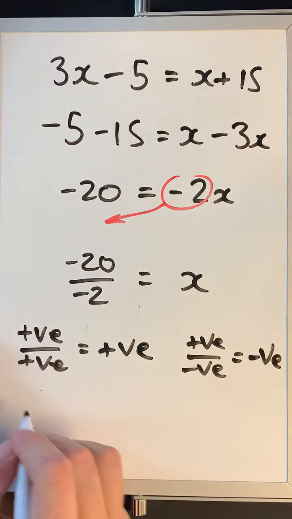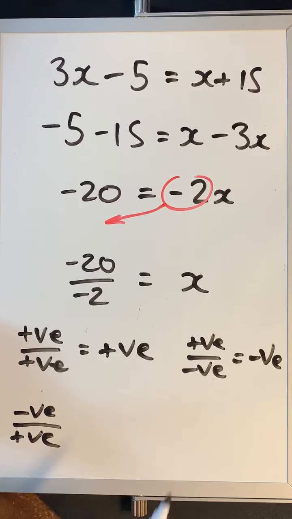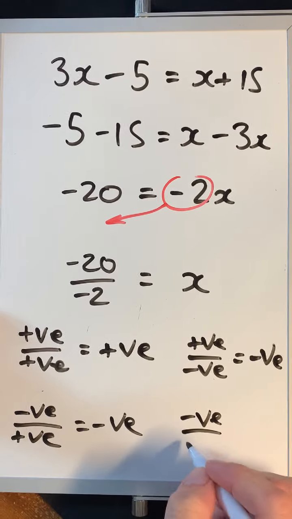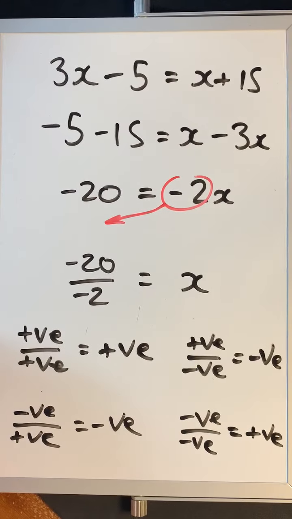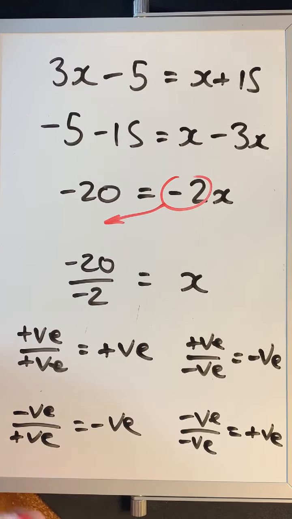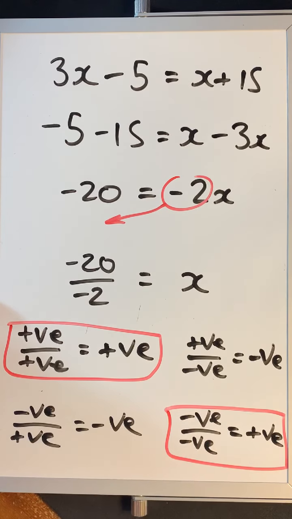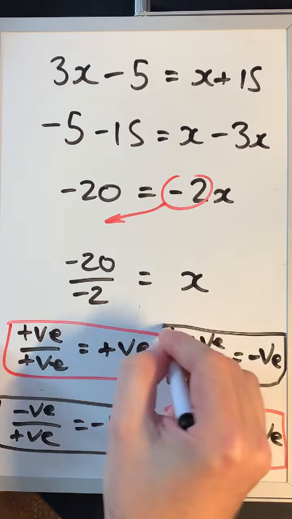And conversely, a negative over a positive will give us a negative. And a negative over a negative, just as we had on that example, will give us a positive. So here we've got like signs. Like signs give us positive, and unlike signs will give us a negative.